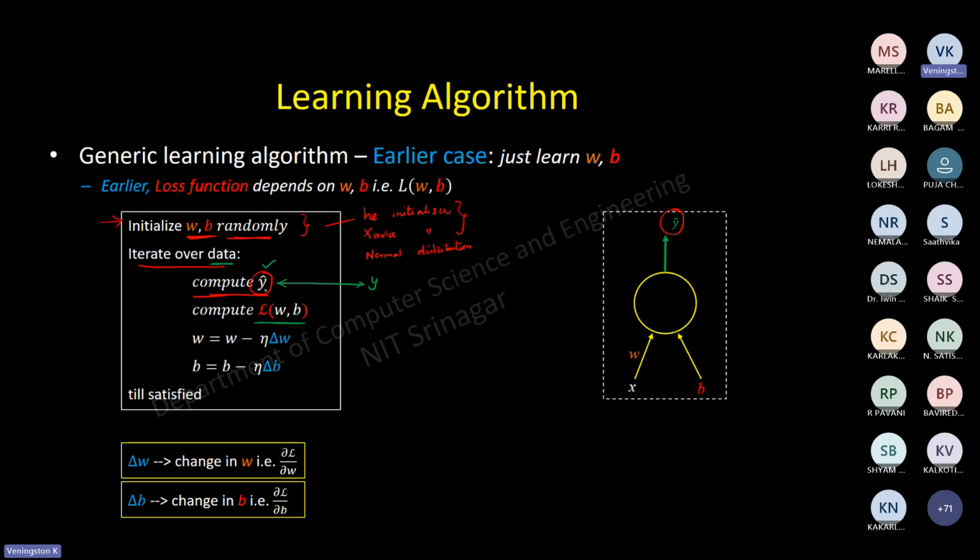Then we estimate the loss, the amount of error that the model is making compared to the ground truth of all the training instances. Appropriately, you make use of this function in order to update the weights. All the weight values are updated as weight minus eta times delta W. Eta is the learning rate, and the learning rate is also a hyperparameter.